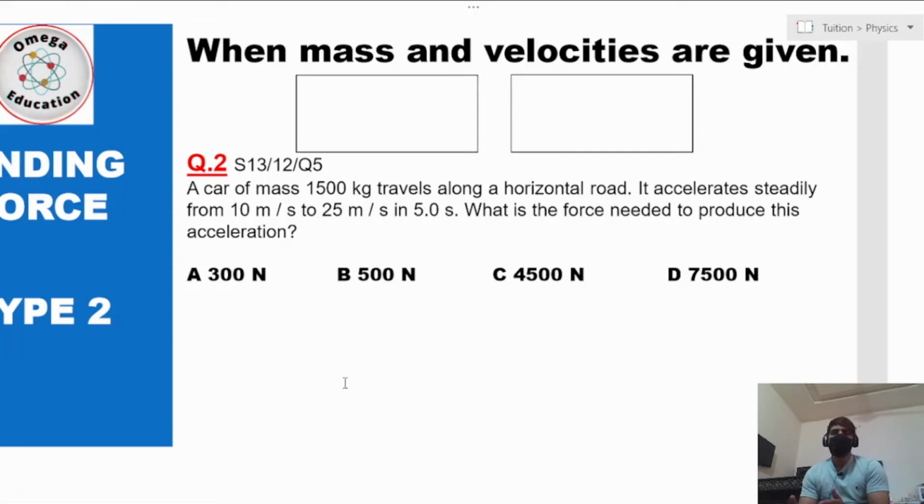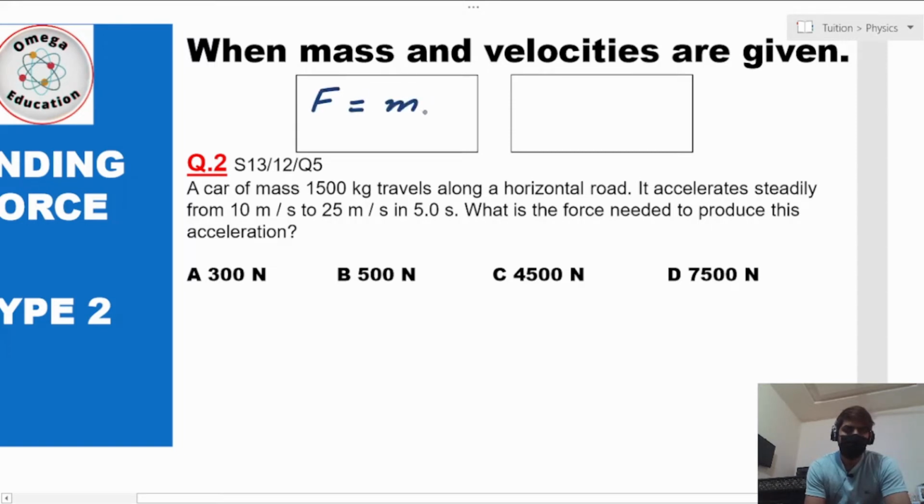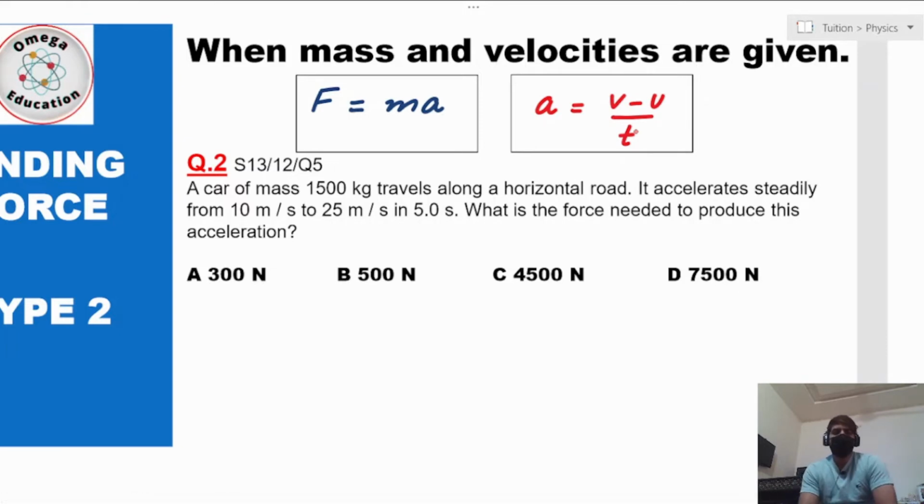Rather, you're given the velocities, and from those velocities you'll first need to find the acceleration, and then eventually you can find the force.